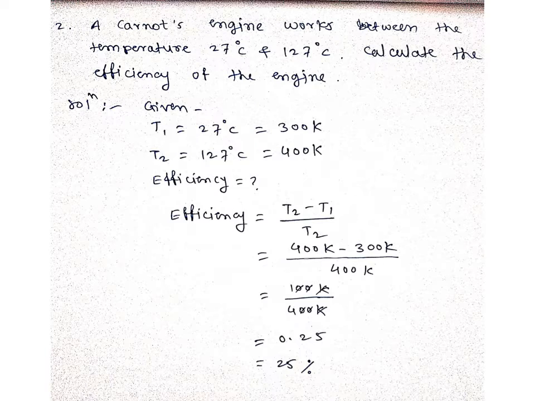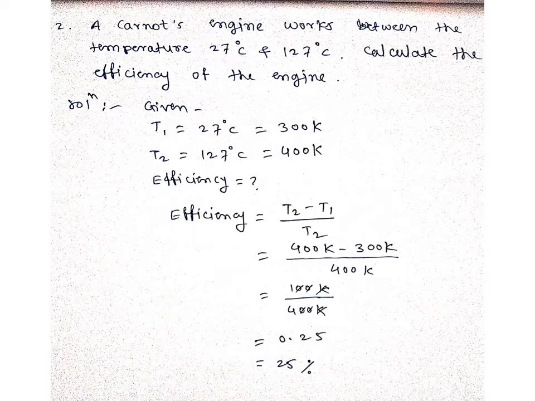That is 27 degrees Celsius, which is equal to 27 plus 273 Kelvin. You will get answer, that is 300 Kelvin. And for T2, that is 127 degrees Celsius, which is equal to 400 Kelvin.